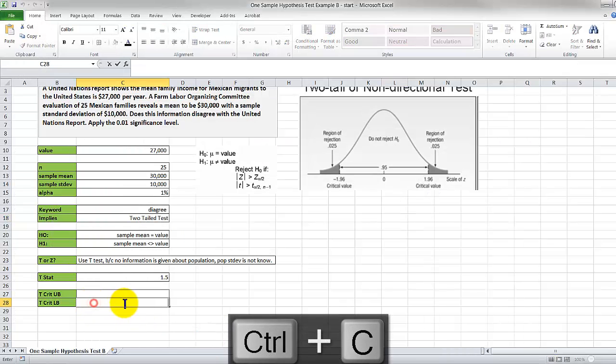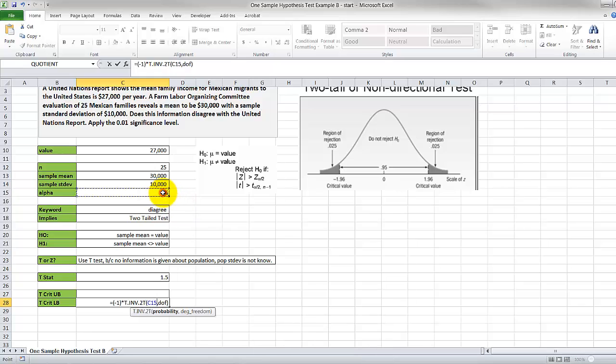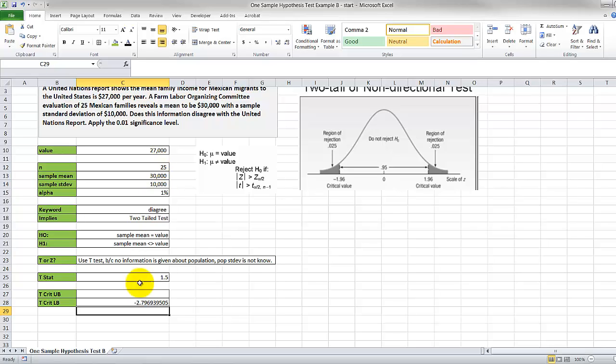The lower bound is here, the second one I wrote down. We need to know alpha. Alpha is 1. And degrees of freedom is going to be n minus 1. So we have a value here, it looks like negative 2.5, 0.78. Let me take off some decimal places.